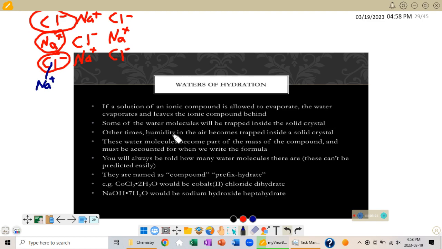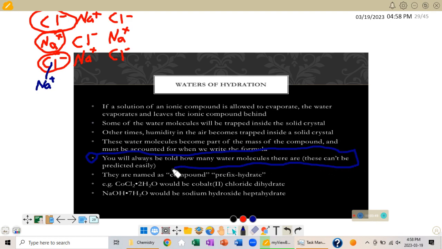Other times, humidity in the air can itself become trapped inside of a solid crystal. These water molecules become part of the mass of the compound, and they must be accounted for when we write the formula. Now, the happy thing here is you will always be told how many water molecules there are because you cannot predict these things easily.